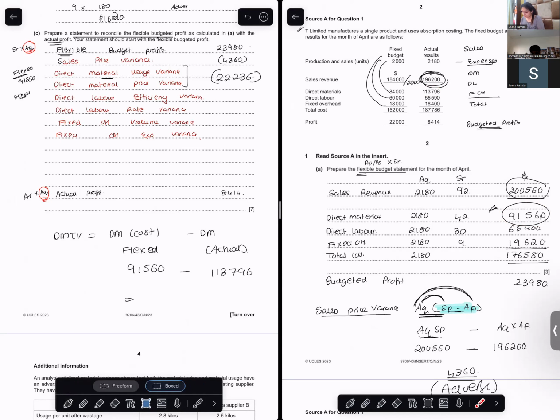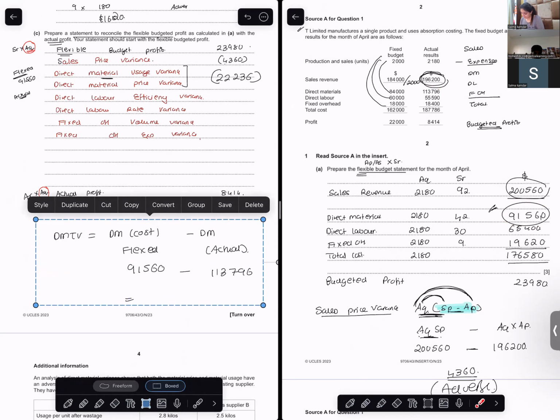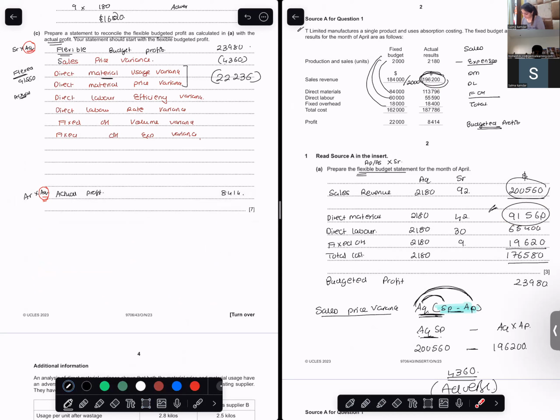Right. Can you give me for direct labor now? First with the formula. Miss, first we take the flex. With direct labor, what total variance will you say?